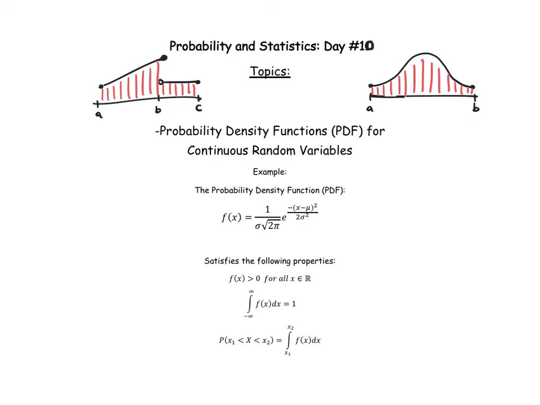So, for example, one that we've alluded to in the last lesson was the probability density function for the normal curve, dependent on the two variables sigma and mu. This is the probability density generating function for a normal curve.